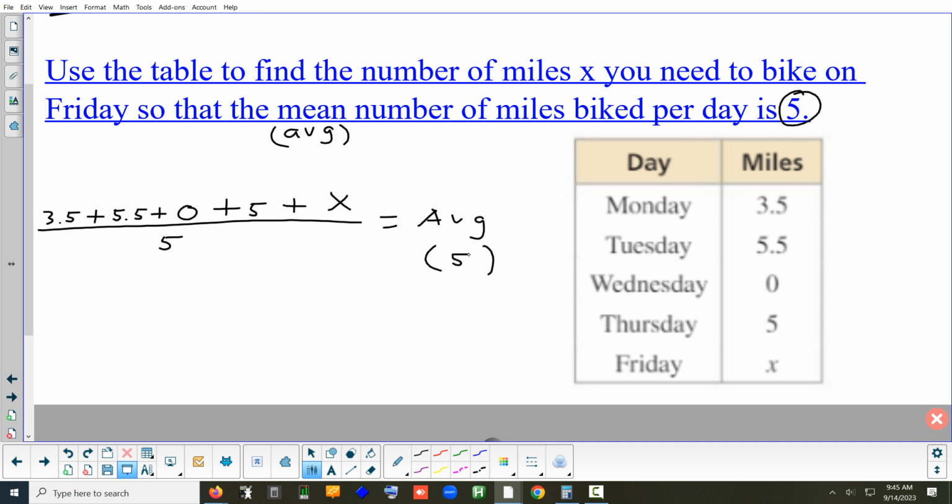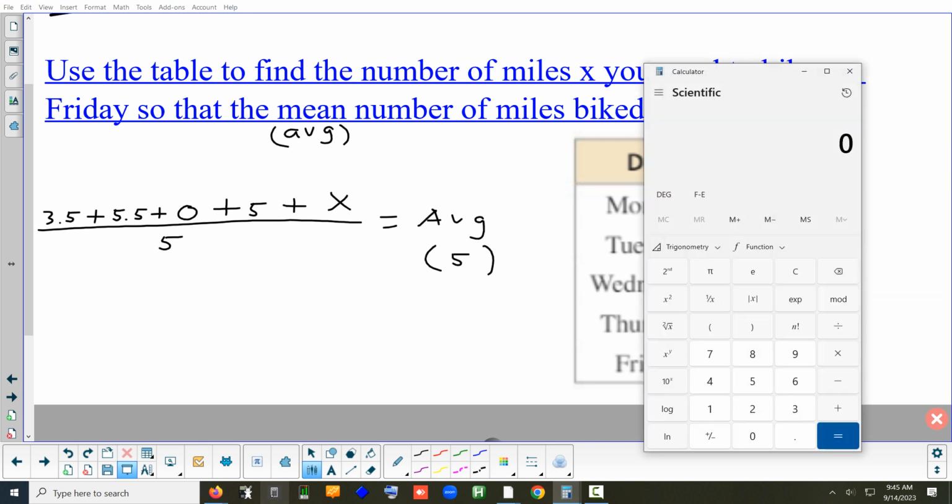Okay, so let's look at the left-hand side. Is there anything I can do there? Combine terms. I can add 3.5 plus 5.5 plus 0, which doesn't add anything, and then plus 5.